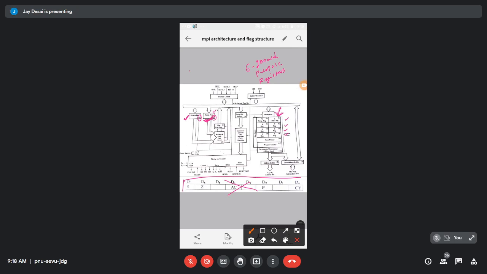You see over here total 8 temporary registers: W, Z, B, C, D, E, H, L. But out of these 8 registers, only 6 registers are known as the general purpose register.